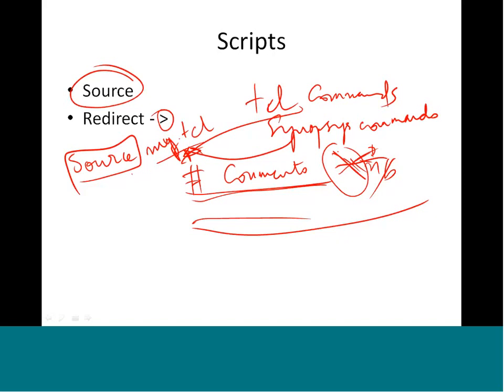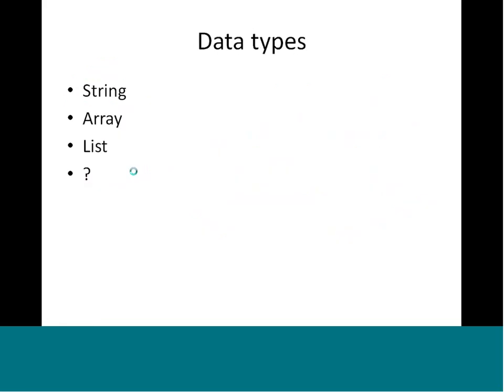Now let's go to the next one, which is the data types. As we have seen in regular Tcl, Synopsys also supports the three basic types of data, which are strings, array, and list.